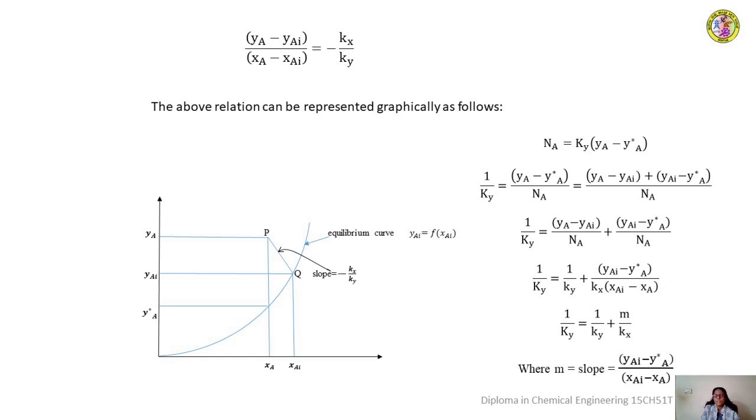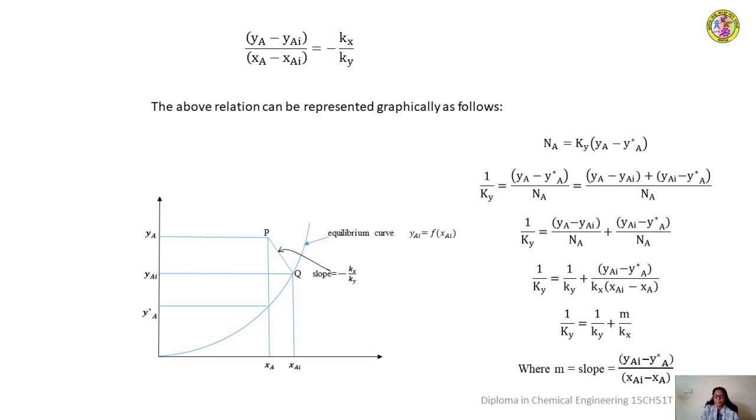So after expanding the equation in this way, we can observe that the first term on the RHS, YA minus YAI divided by NA, gives you 1 by small ky from equation 1 in the previous slide. Now the other term in the right hand side has NA in the denominator.